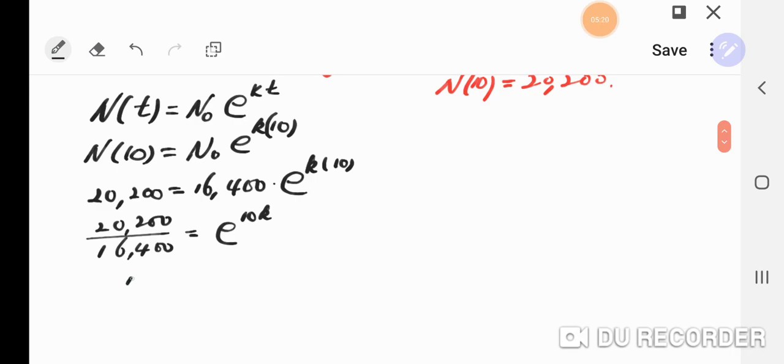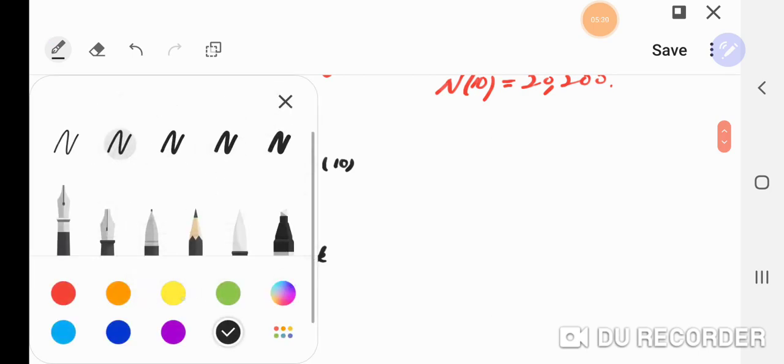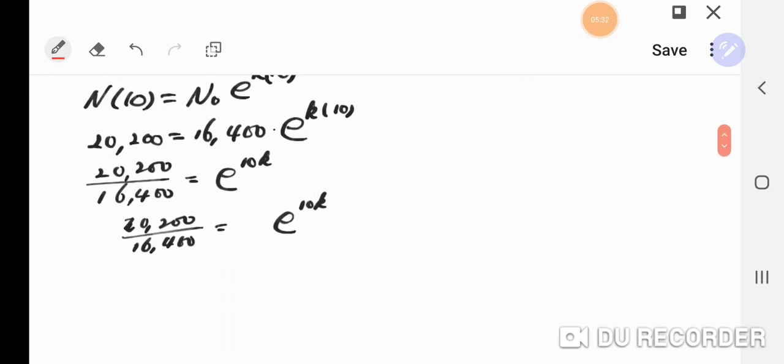Okay, let me write this again so that you don't get confused. Now let's take the natural logarithm on both sides.